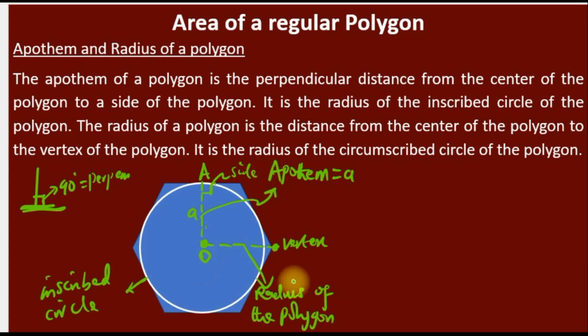We can also define the radius of a polygon as the radius of the circumcircle. Inscribed is inside; circum is the one that carries. Let me use red.